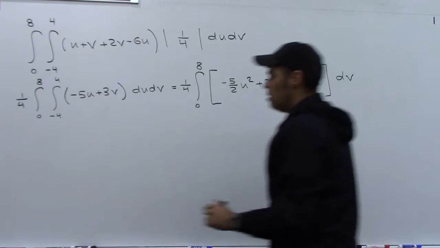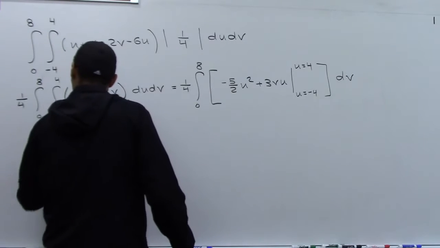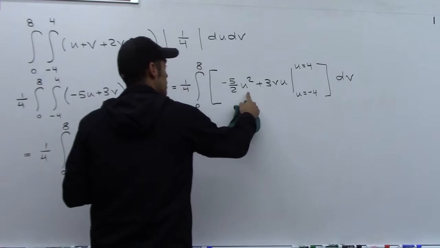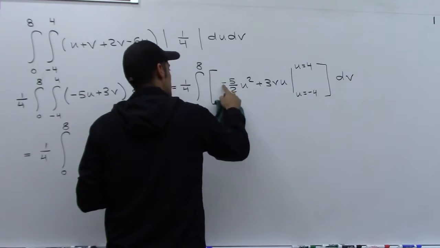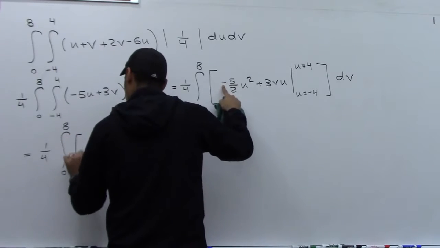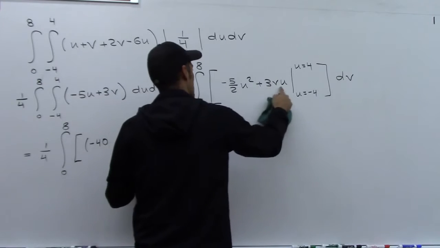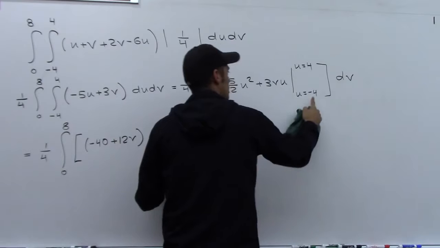All right, so if we plug in 4 for u, we get 16 here. Divided by 2 is 8. 8 times negative 5, you get negative 40. If I plug in 4 here, I get 12v. Then minus, now plug in negative 4.